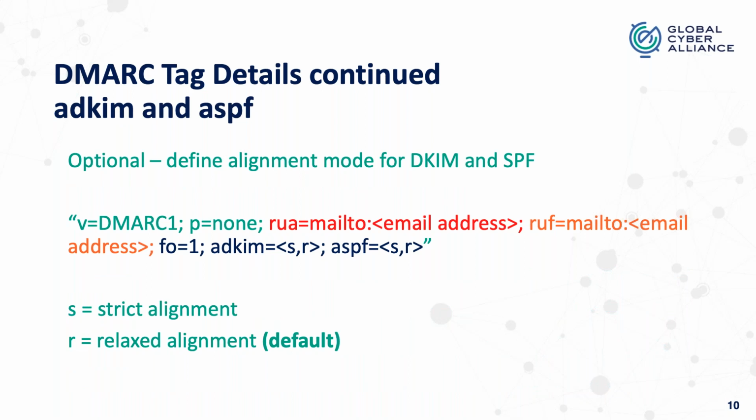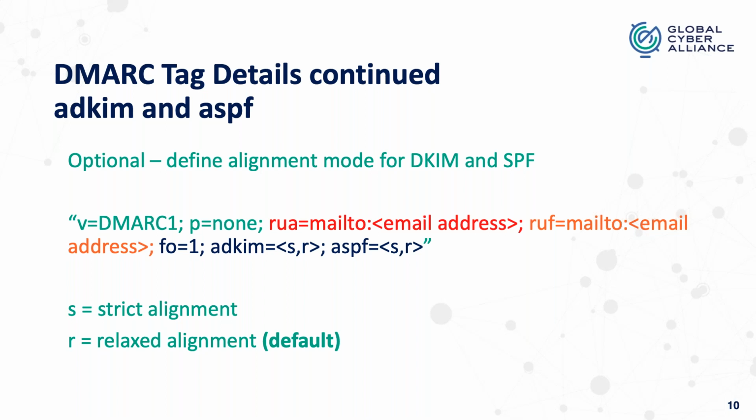The next ones are ADKIM and ASPF. Again, both of these are also optional, so they're not required. If you do not use them, the default setting is what is called R, which is relaxed. What ADKIM and ASPF are doing is checking for the alignment of DKIM and SPF. So how strict or relaxed are you going to be with the alignment?